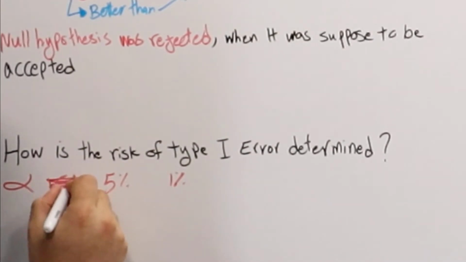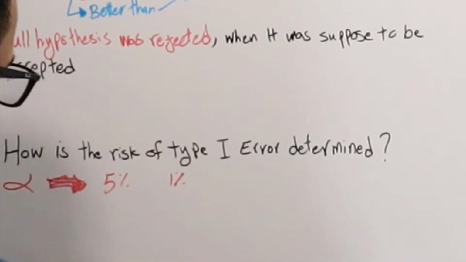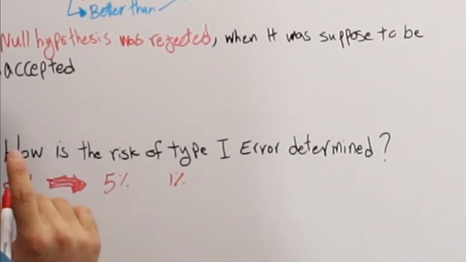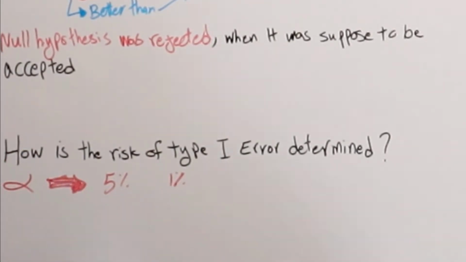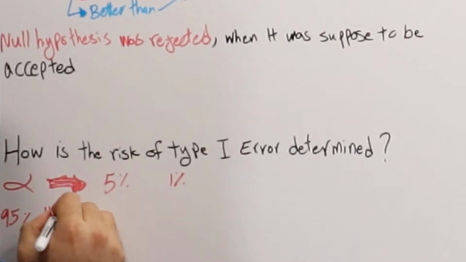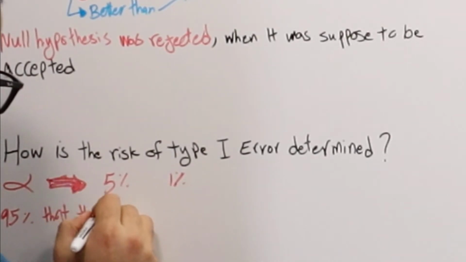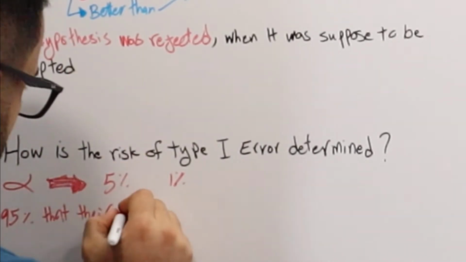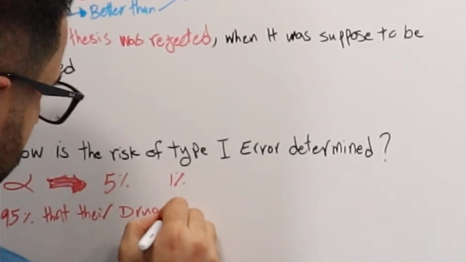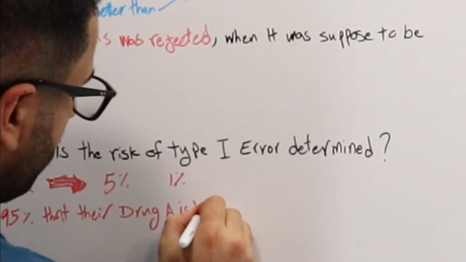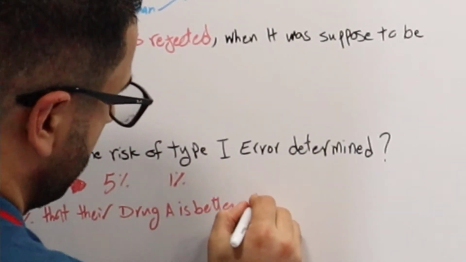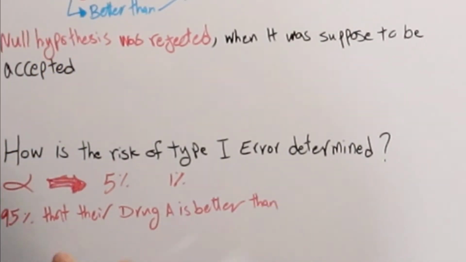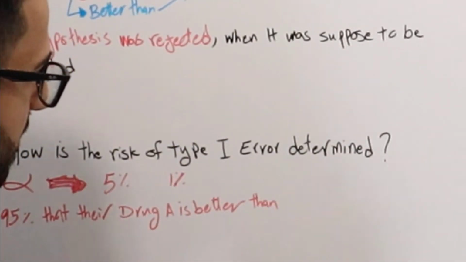Here, alpha is 5%, which means that, going to the confidence interval, the researchers are 95% confident that their conclusion, that their medication, in this case their drug A, is better than drug B, the one that already exists in the market.